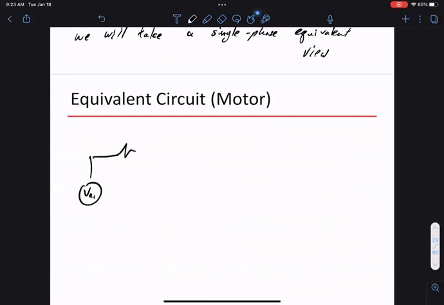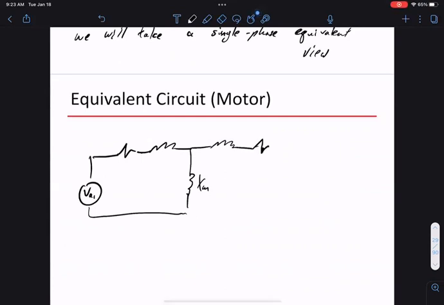On the stator, this is your winding here. You may have a shunt inductance. This is another winding here. And then we have a resistor on the secondary side. This is V.